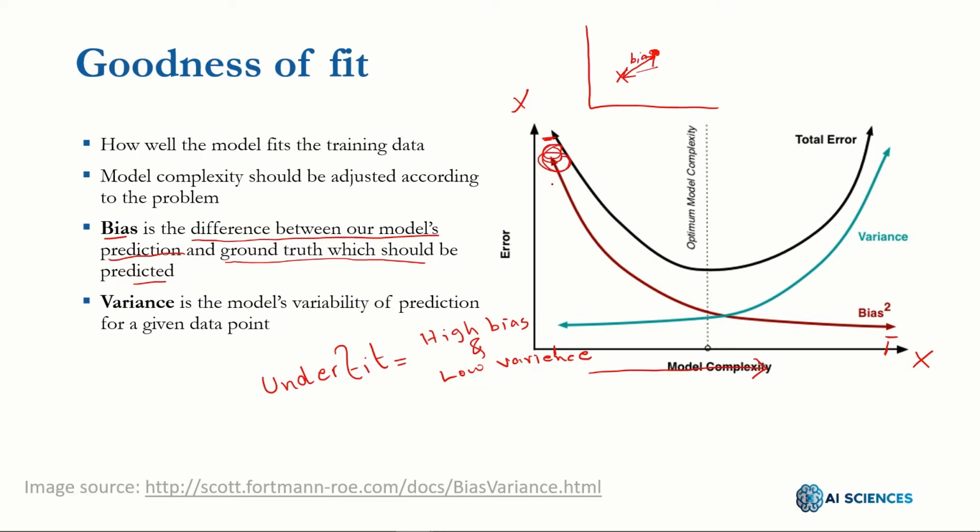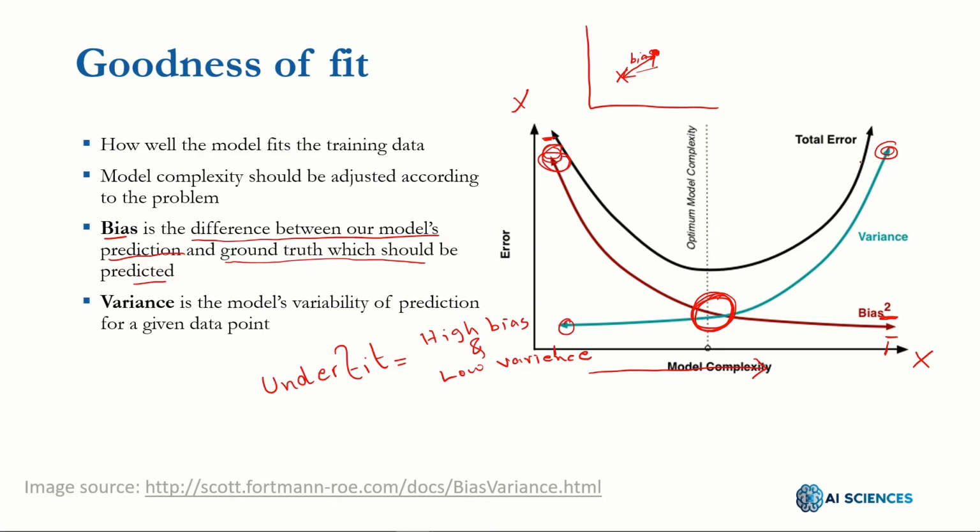The bias is high, the variance is low, and we are at the position of underfit. But in the reverse case, if the variance is high and the bias is low, we are at overfitting. But here's our point, that we need balanced values of bias and variance for which we get the optimal results.